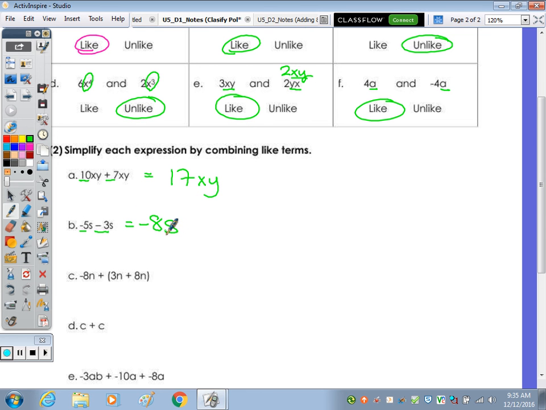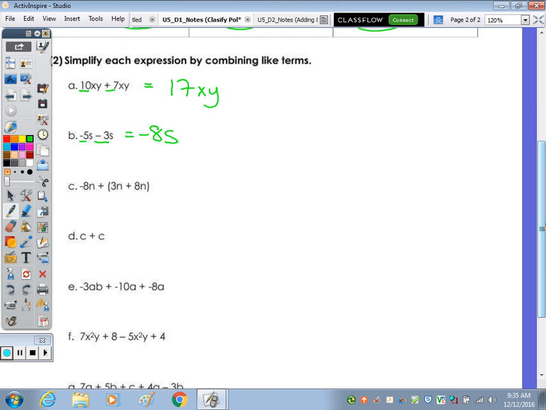When we have grouping symbols, we need to remove them. And when you add a binomial or distribute the positive sign through, that does not change the signs. The only time the signs change is when you're looking at subtraction. Okay? So here, if you look, adding left to right, negative 8 plus 3n would be negative 5n.